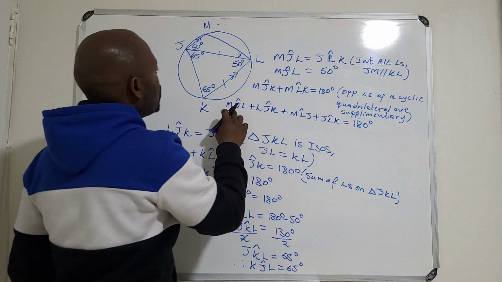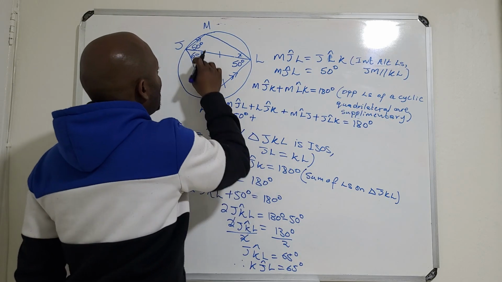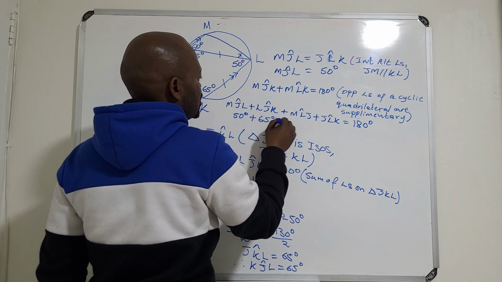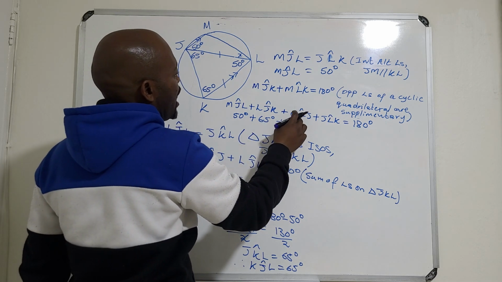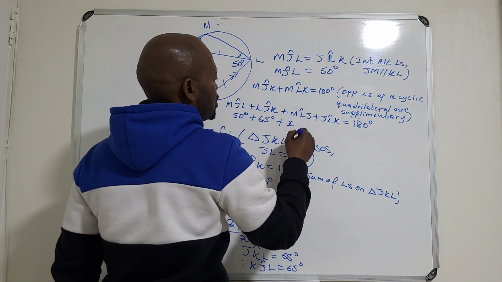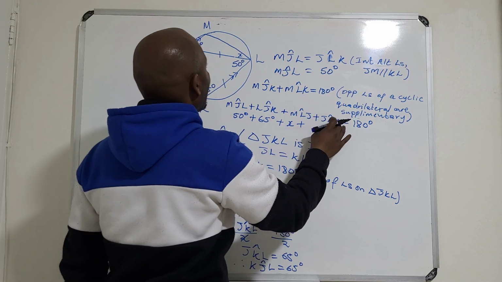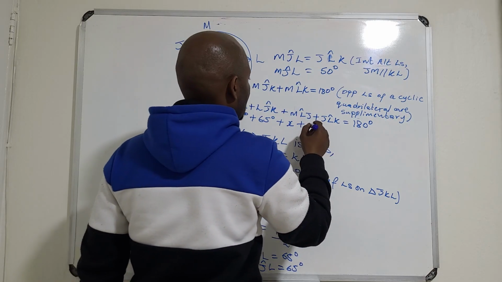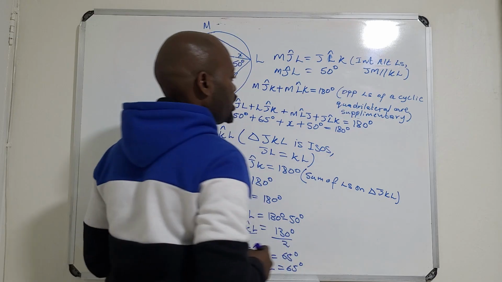Now, we know this angle is 50, plus we know that this angle is 65 degrees, plus we know that this angle, angle MLJ, is X, plus we know that angle JLK is 50, equals 180 degrees.